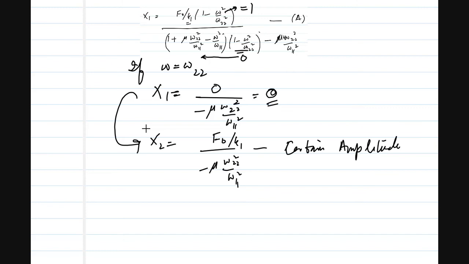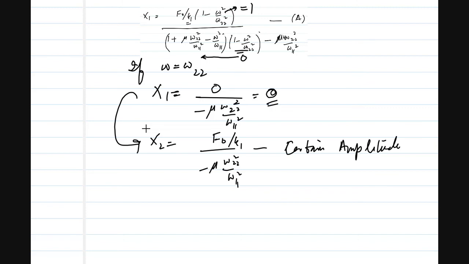I again repeat, if you put a condition such that your excitation frequency, omega, becomes equal to the individual natural frequency of the absorber mass and spring, then with this value the x1 practically goes to 0, as you can see here mathematically.